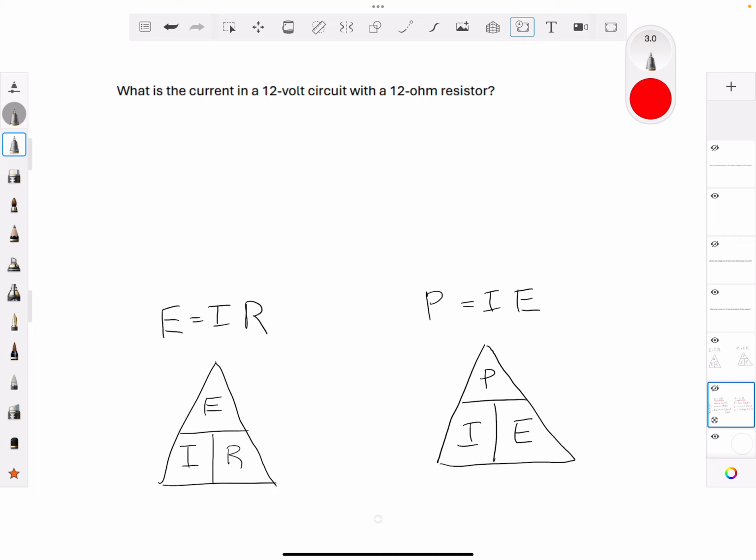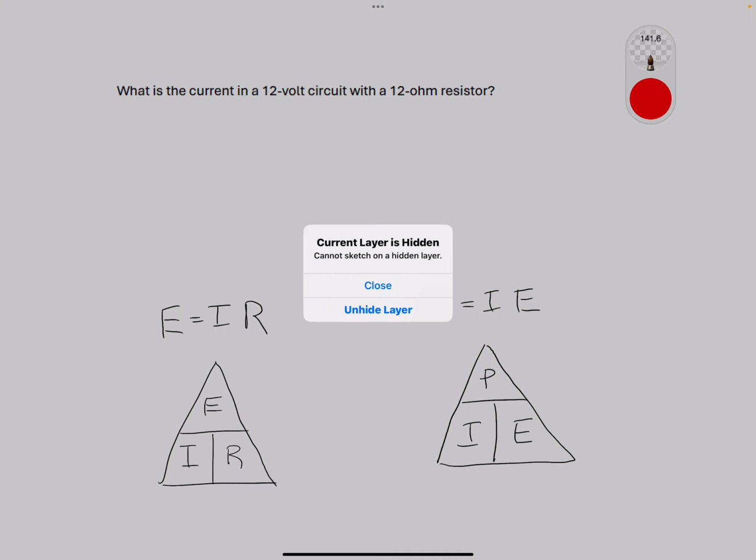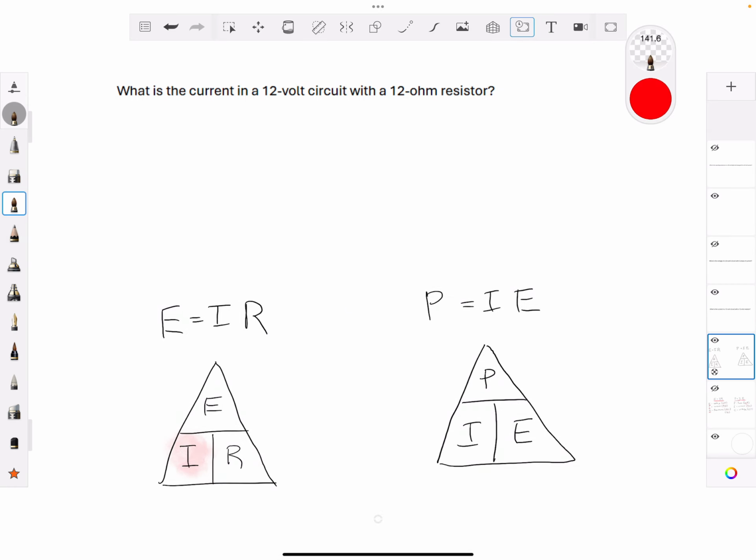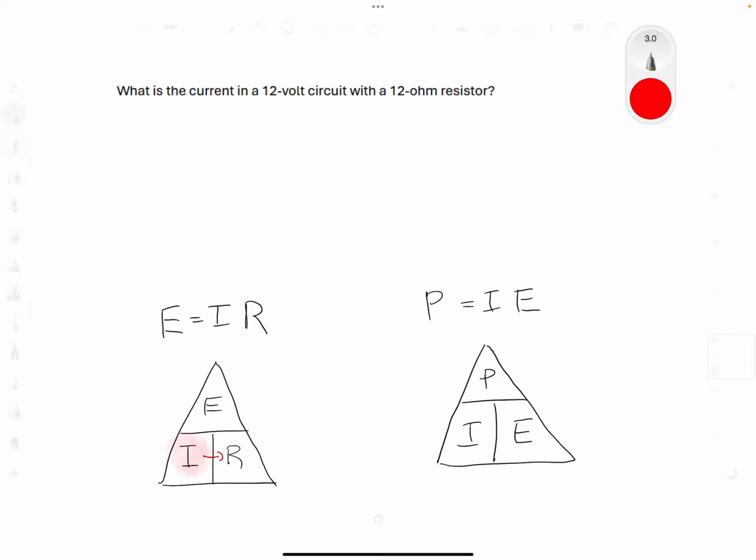Once you want to solve for I and you have the voltage and the resistance, you put your finger over the I, and you divide E divided by R. If the letters are side by side on the bottom, you multiply. If it's top and bottom, you divide.